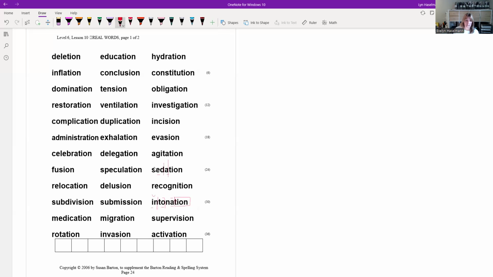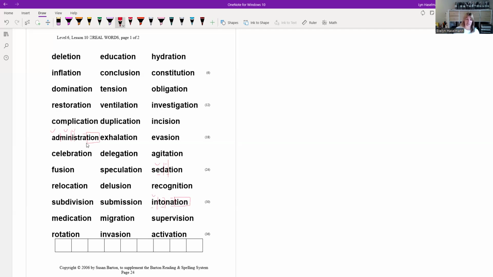We divide like this, sed, a shun. These are getting kind of close to each other, but can still work with it. Administration. So we have what we call our confident rule right here, short I. This is a closed syllable, administration.